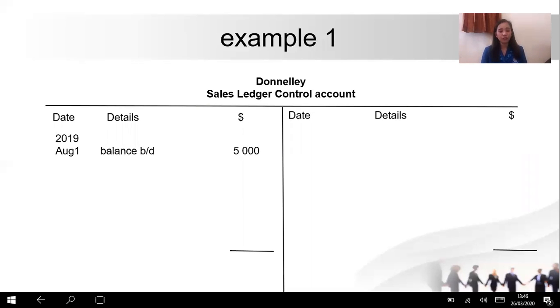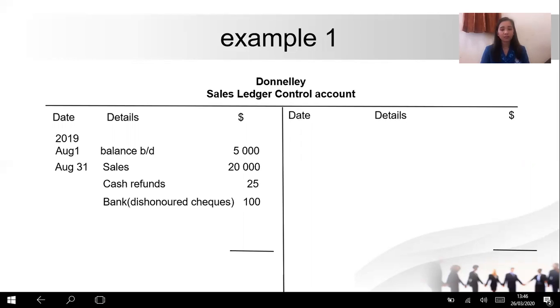The first one, the balance brought down, is on the debit side, 5,000. Then on August 31, sales increase the sales ledger control account, so we put on the debit side 20,000, then 25, and then 100.